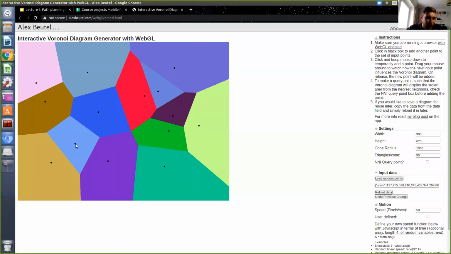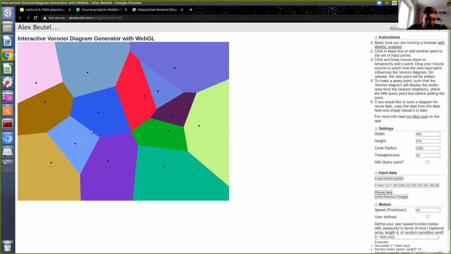And if these points are obstacles, we know that these lines, these edges of the regions, will lie as far from obstacles as possible, because we know that all points in this region are close to this point, and all points in these regions are closer to this point.